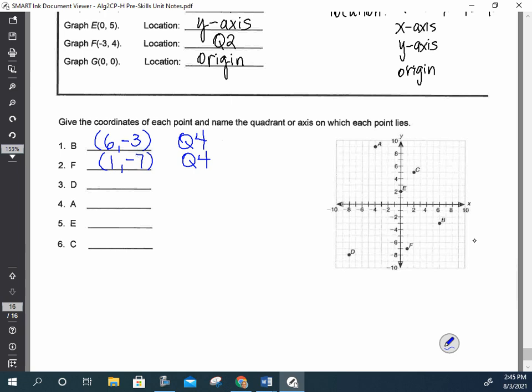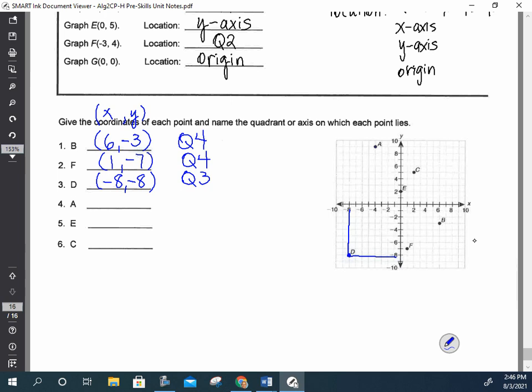Point D. Here's point D. We can see already that it's in quadrant number 3. On the x side, it's at -8. With the y, it's at -8. So (-8, -8). Notice that the x goes first, the y goes second. That is always the case when you're identifying a point. X first, y second.